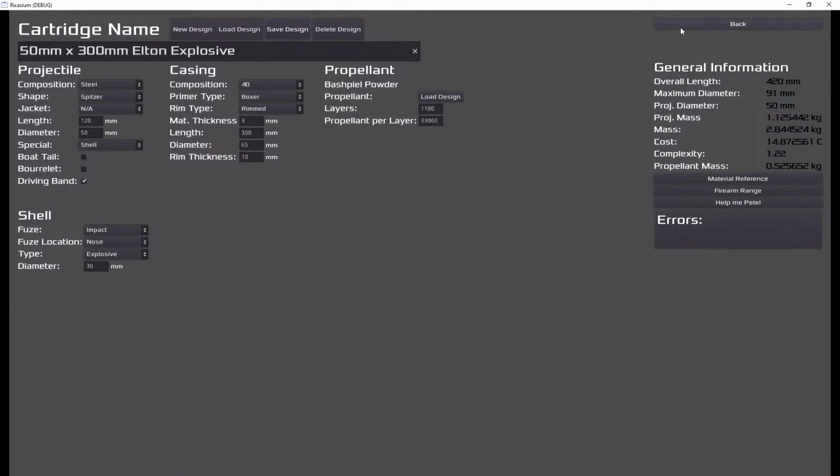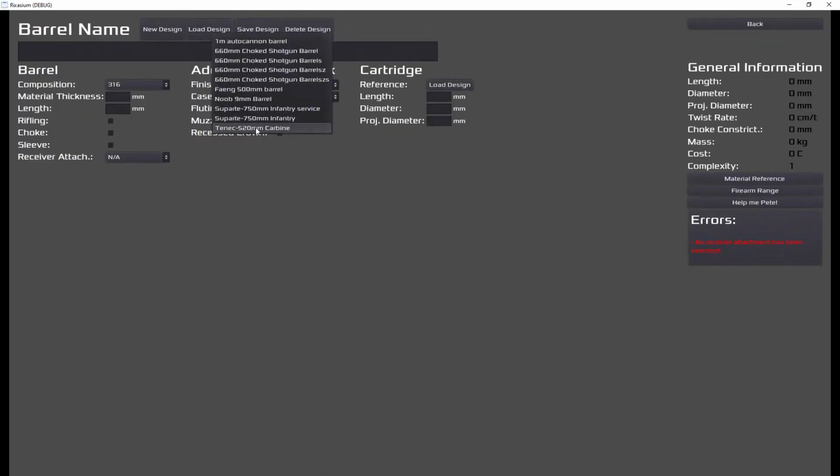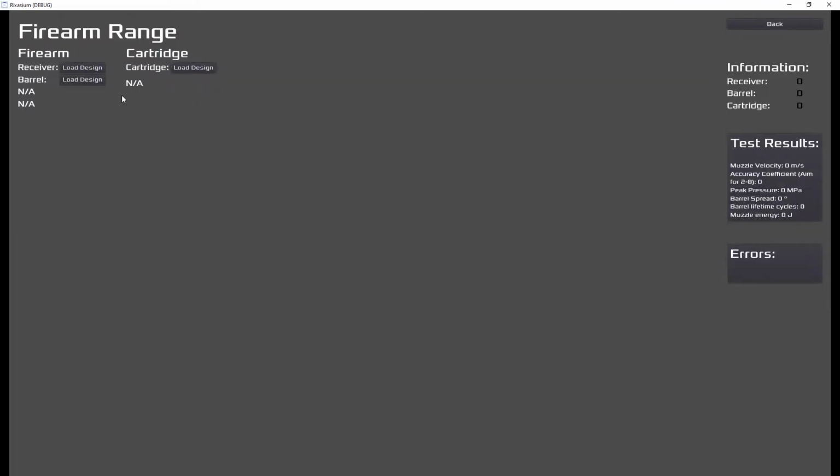Let's see what happens if I give the Fang a larger barrel. How much wigglier will it get?